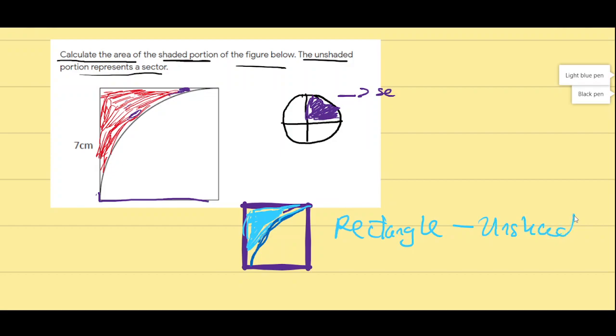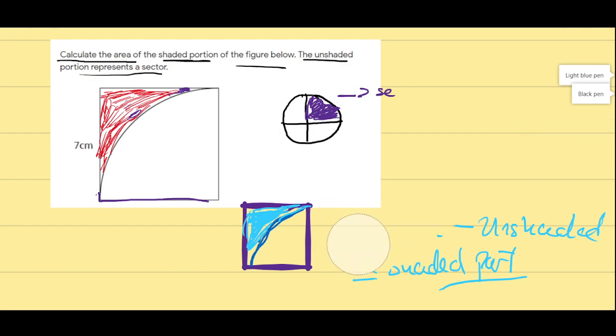If I subtract the unshaded part from the rectangle, I will get this shaded part. So this is equals to shaded part. So if I get the rectangle and subtract the unshaded part, I will get the shaded part. So it is this particular knowledge we are going to use.